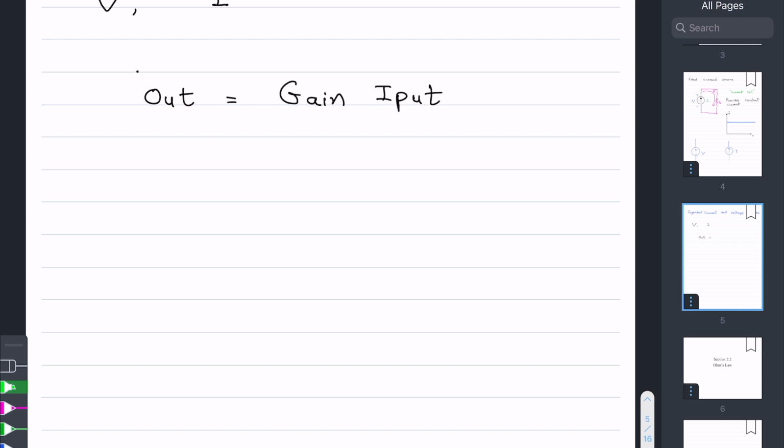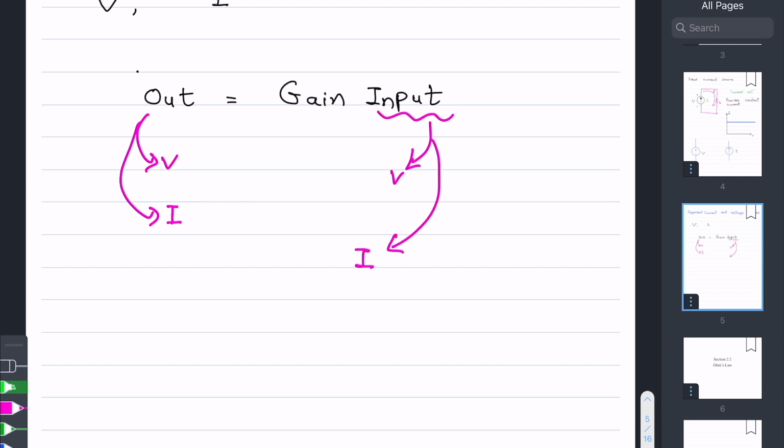The input can be voltage or current, and the output can be voltage or current as well. So this can be voltage or this can be current. That's the output. The input can be voltage or it can be current as well.